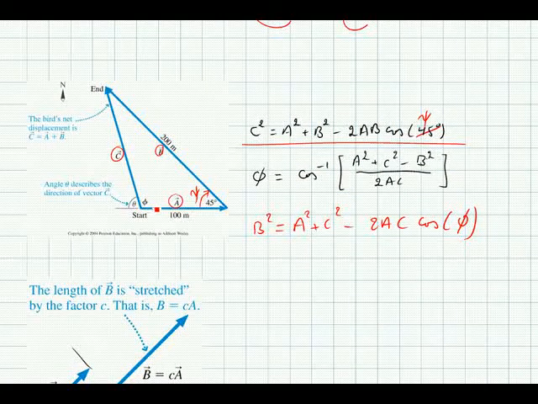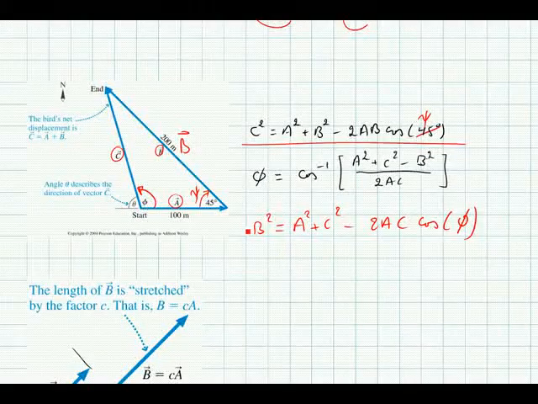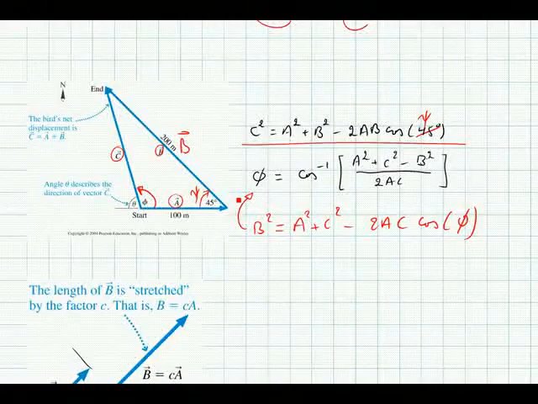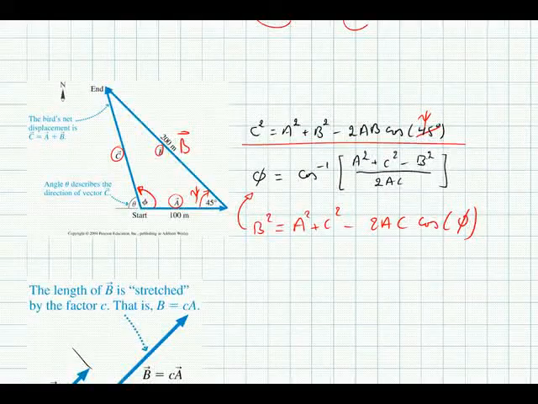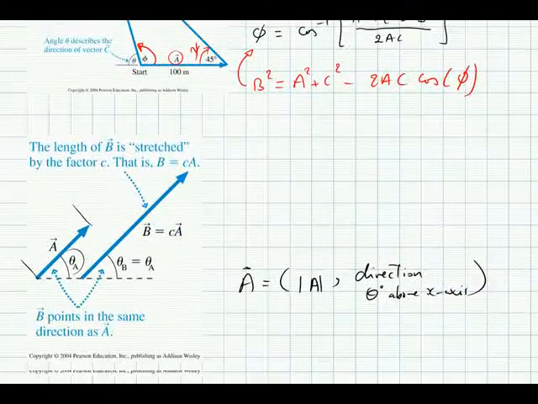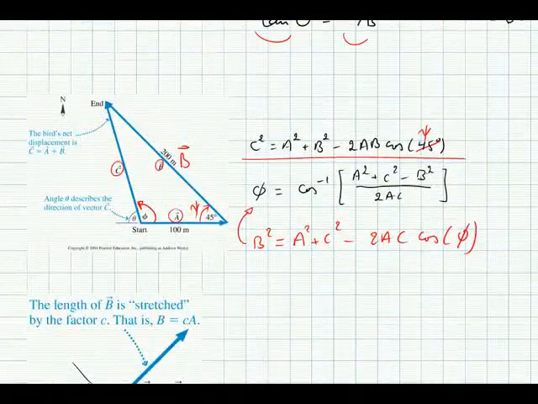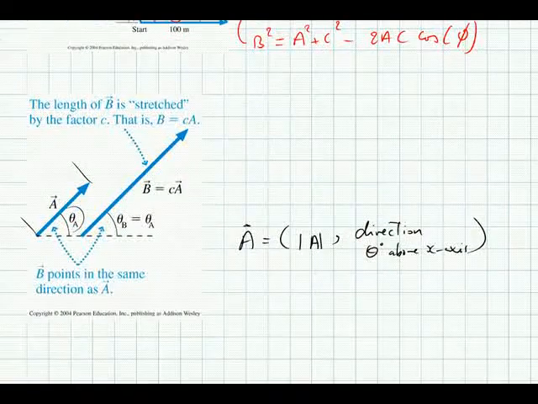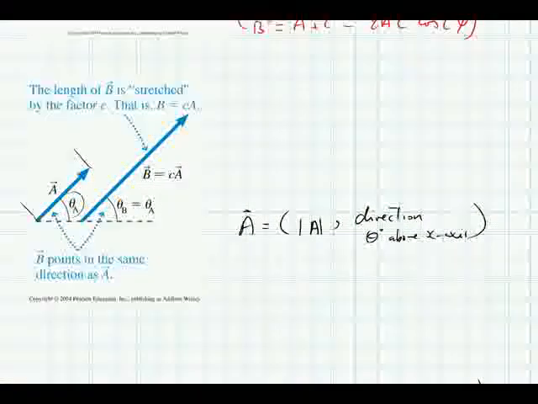Notice that the angle of interest now is phi, and the opposite side here is B. Or in other words, phi is equal to inverse cosine of A squared plus C squared minus B squared over 2AC. Just a recap of some trig identities before we get started.